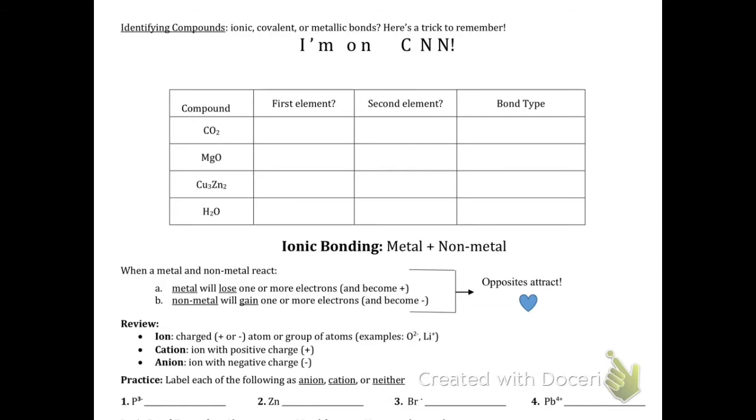Here, if you think of "I'm on CNN," this is a trick to help remember the difference between ionic and covalent. The I stands for ionic. Ionic bonds is when a metal bonds with a nonmetal. Then CNN: the C stands for covalent, and the N stands for nonmetal, bonds with another nonmetal.